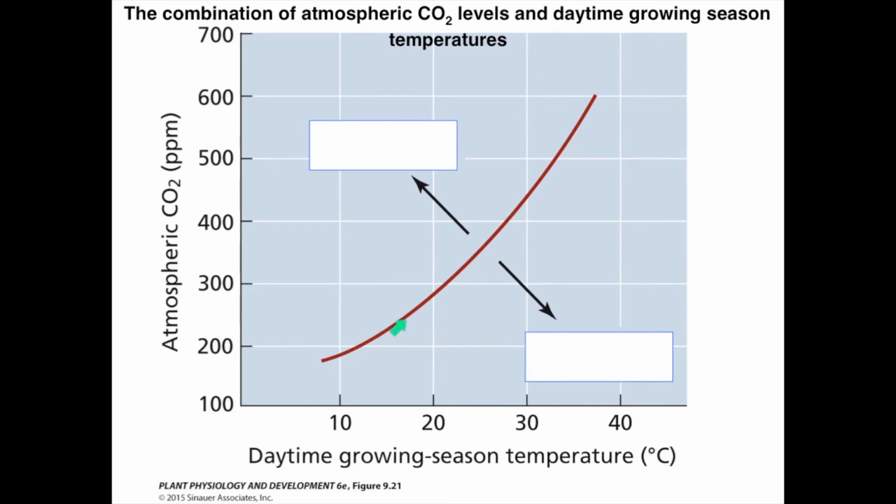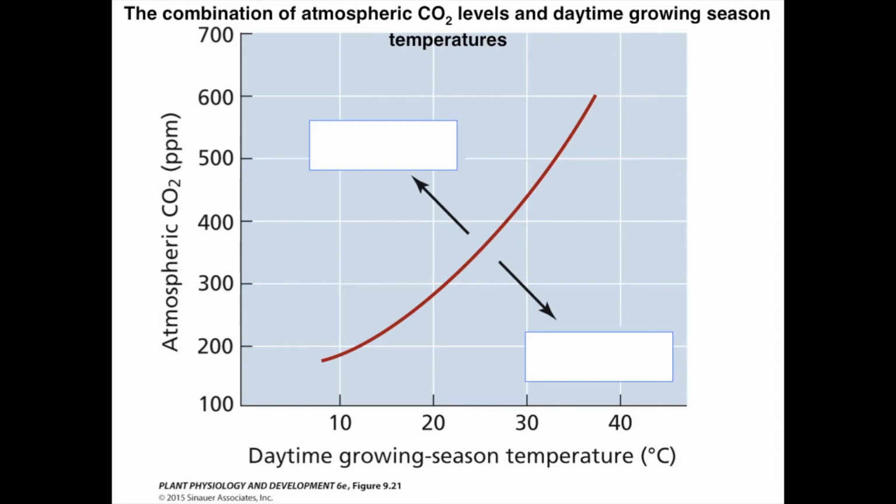And of course, something more realistic to where we are atmospheric wise is around 400 right now. And we will only tend to see an increase in this daytime growing season temperature as time goes on. But this reference line is they are both equally good at that particular combination.